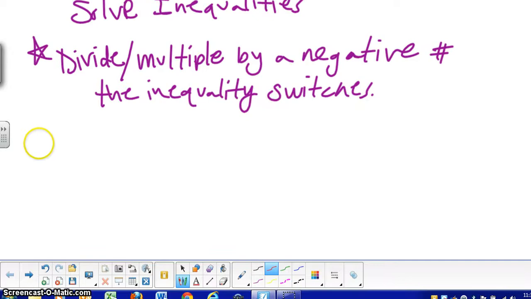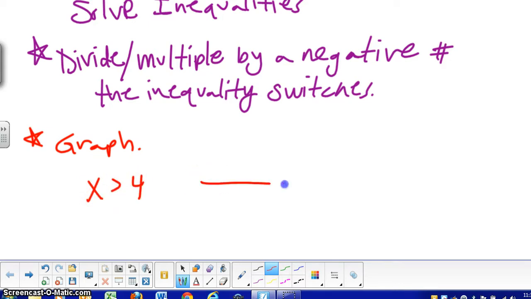Also, the second thing is when you are graphing any type of inequality, like x is greater than 4. Okay, there are certain symbols that we're going to use for each graph. For example, here is the 4, and then if there is a greater than sign, we know that at 4, we're going to put an open dot because it's not including 4.